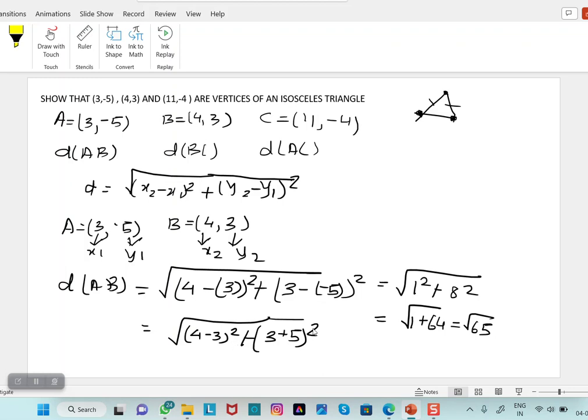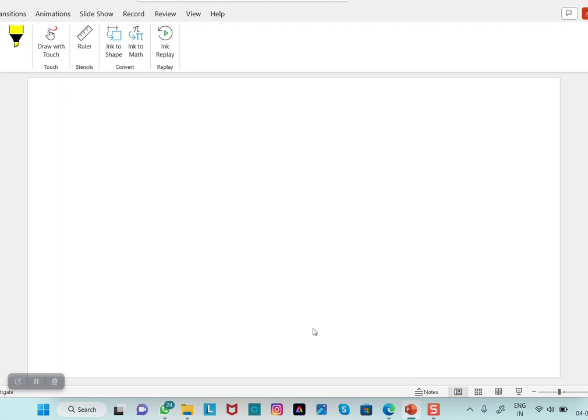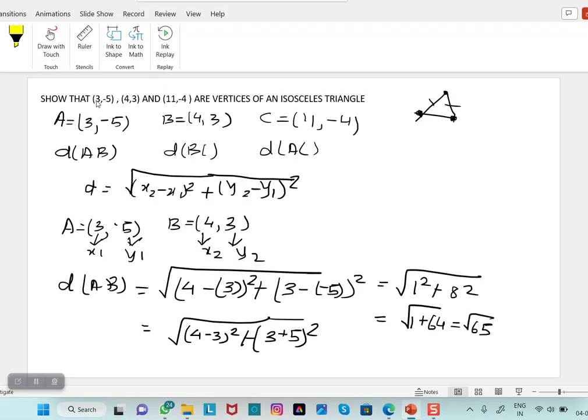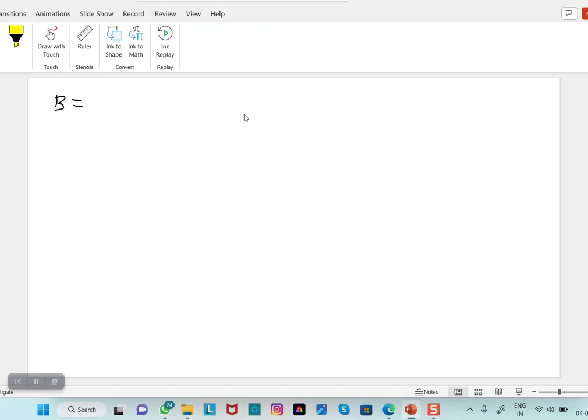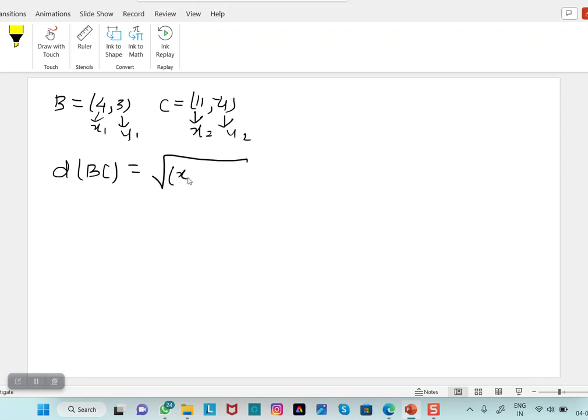Similarly, we find distance BC. We are given that point B is (4, 3) and C is (11, -4). Again, we take these as x1, y1, x2, and y2. The formula is root of (x2 minus x1) the whole square plus (y2 minus y1) the whole square.